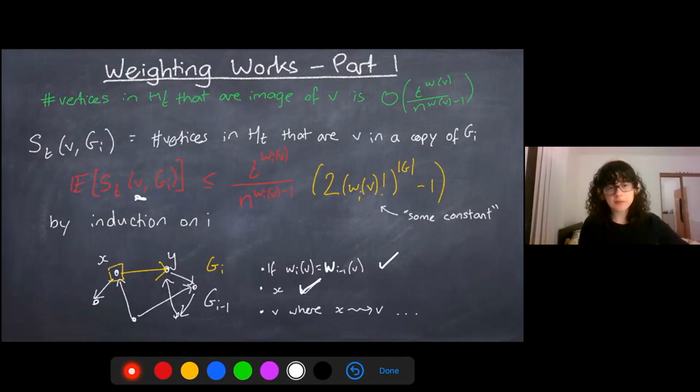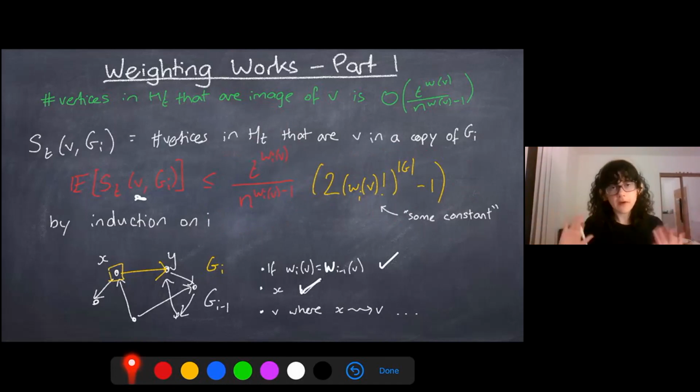And the way that this inductive step is proved is you have to sort of count as you go away from x how many vertices there could be that look like the image of each neighbor of x, and then each neighbor of those, and then each neighbor of those. And this is where this annoying constant comes from, a sort of accounting for the fact that you might get neighbors of neighbors of neighbors, but you're never going to fundamentally change the number of things that could be neighbors of x.